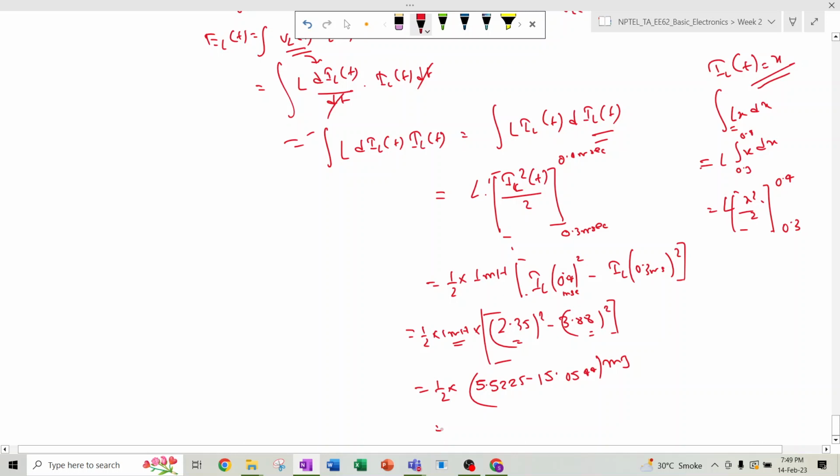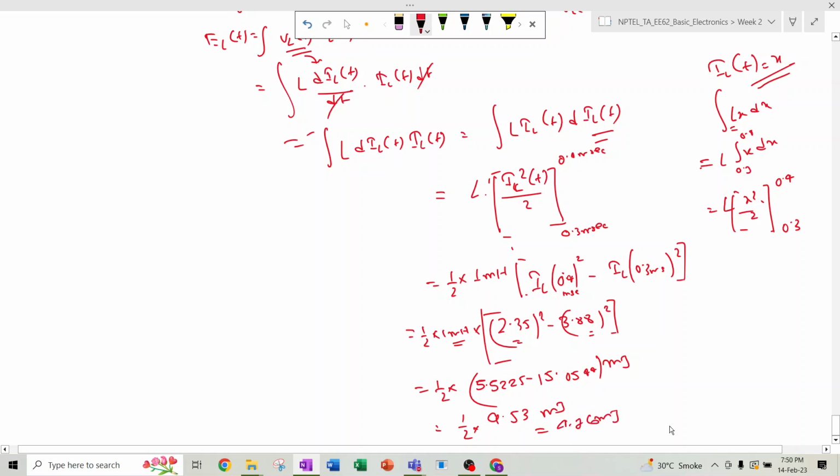So half into 9.53 millijoule, which is approximately 4.76 millijoule.